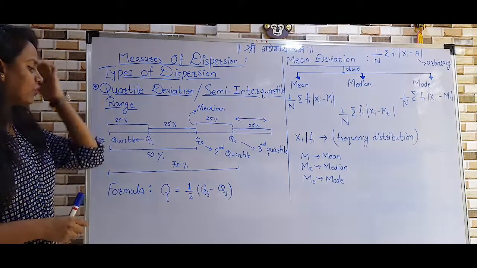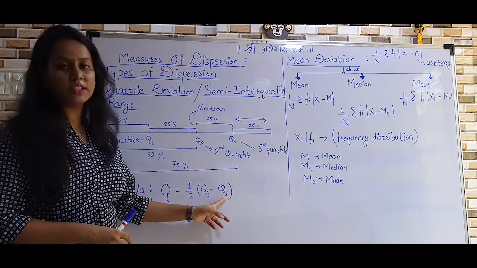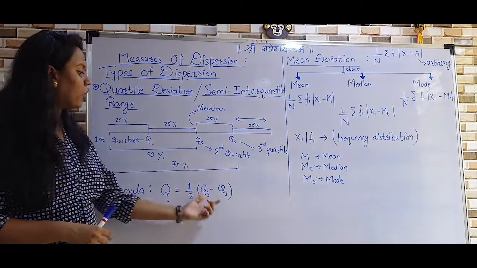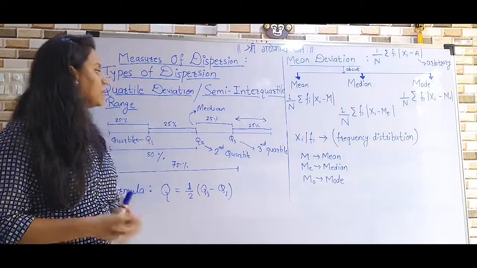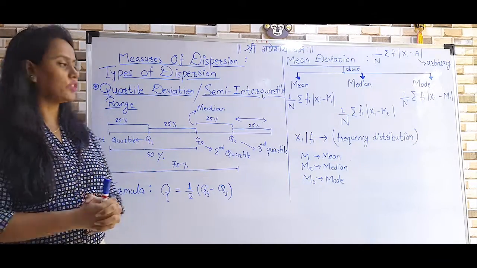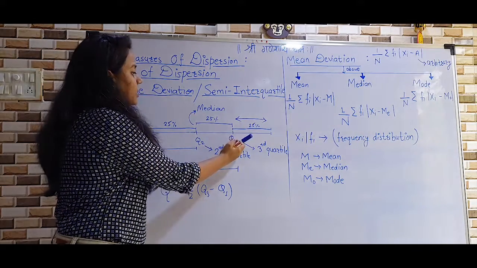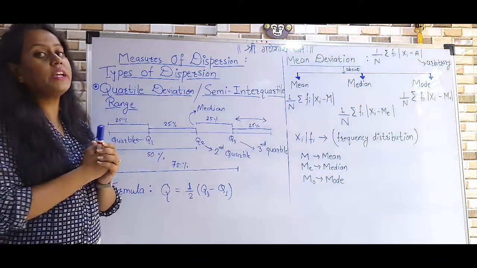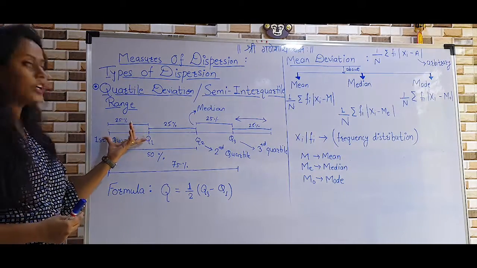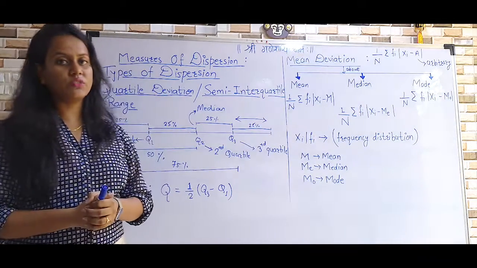For that the formula is 1/2 times (Q3 minus Q1). Just observe one thing: it is only considering the 50% of the data lying between Q1 and Q3, and it is completely ignoring the first 25% and the last 25% of the data.